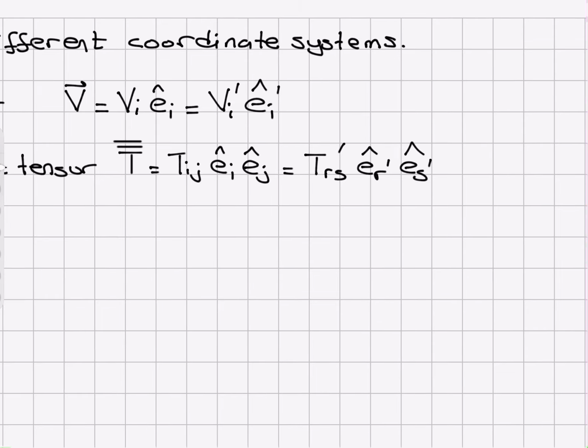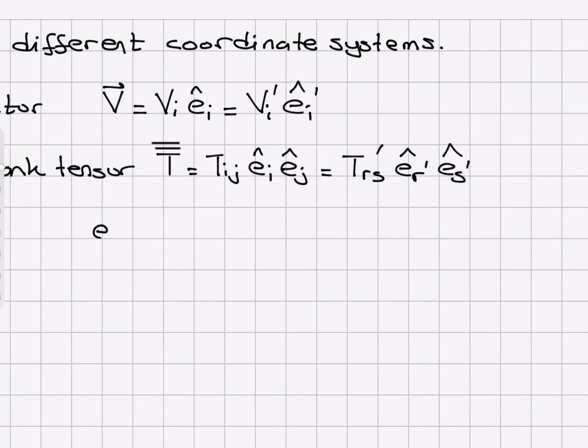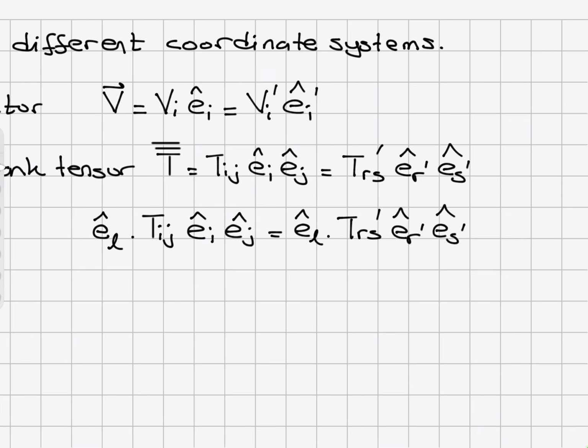Now if I take this tensor and do a dot product with e_l hat. So dot product with the tensor T, T_ij, we have e_i hat, e_j hat. This is equal to e_l hat, again dot product with T_rs prime, e_r prime hat, e_s prime hat.